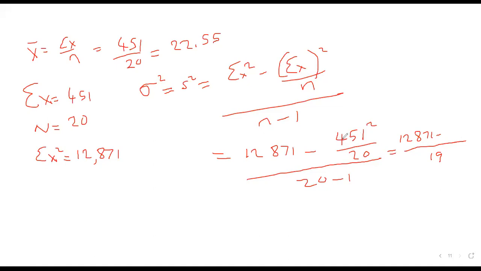Reverse that. So squaring this, 451 squared over 20. When you divide 451 squared by 20, it's giving 10,170.05. So here what do we get?